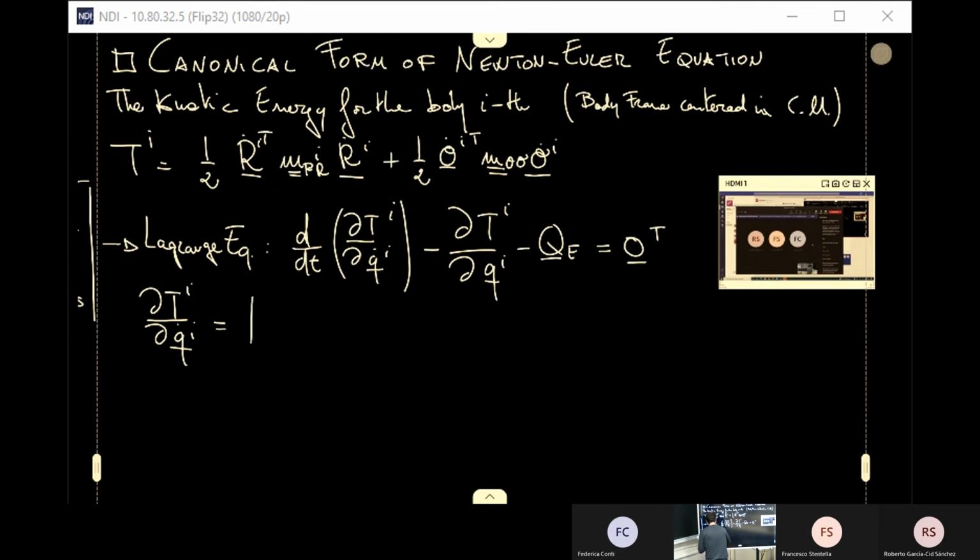So what you get is basically this: r dot i transposed M_rr i, and then theta dot i transposed M_theta theta i.